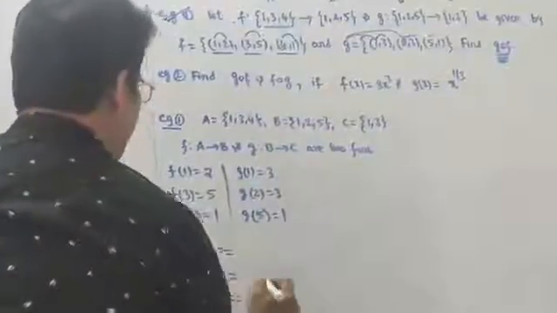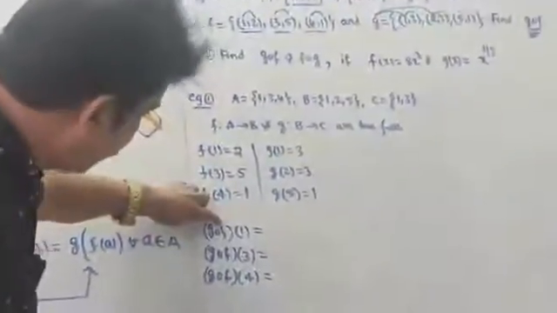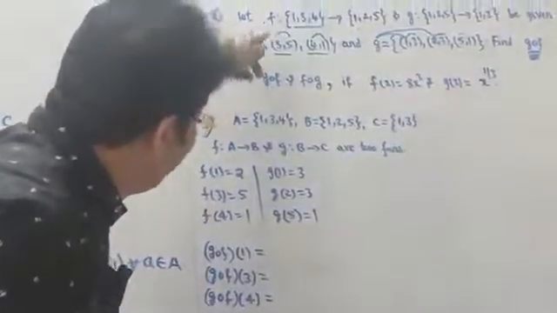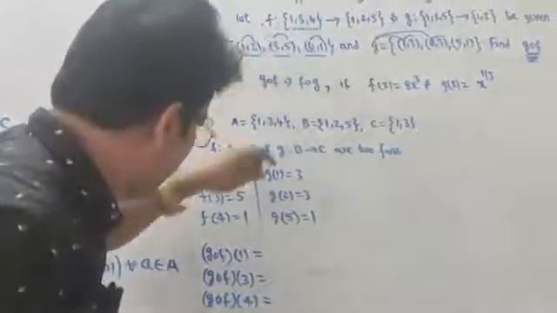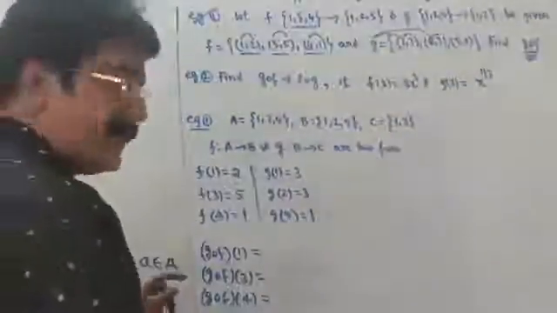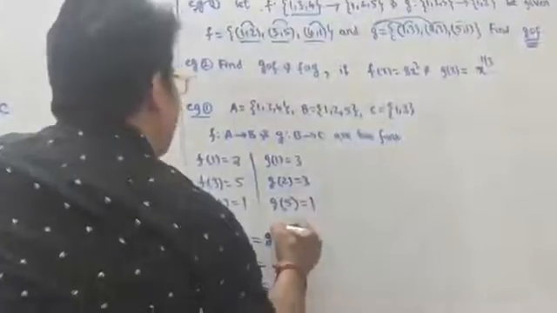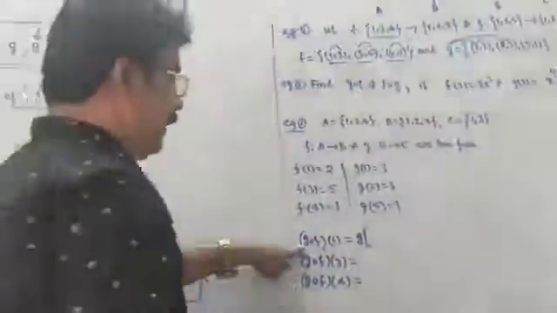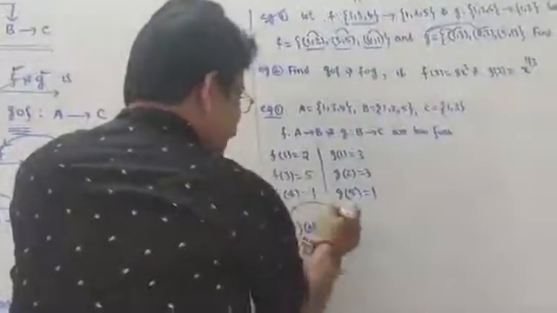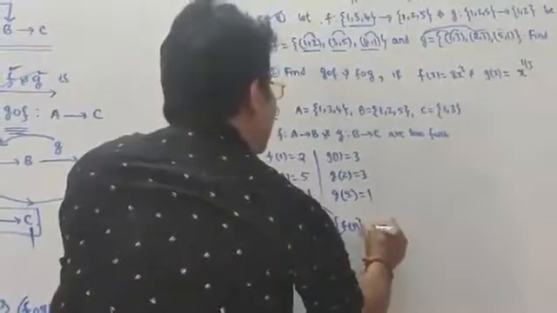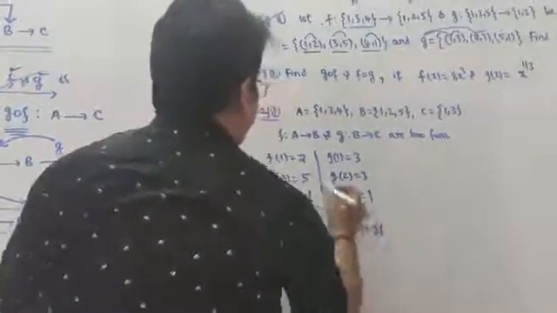Since the last letter is F, we must take the domain of F there, which is {1, 3, 4}. So that is the procedure. Circle means just writing one bracket. So F of 1 we can write like that. So G of F of 1 is what? 2.